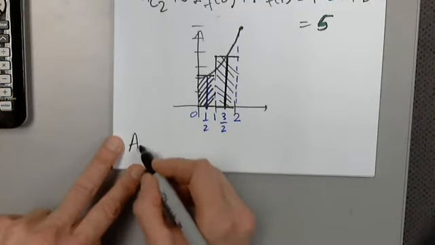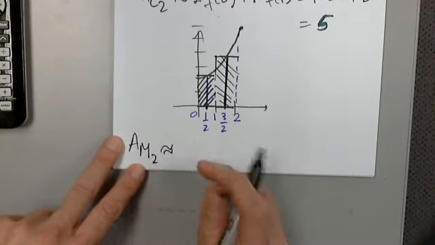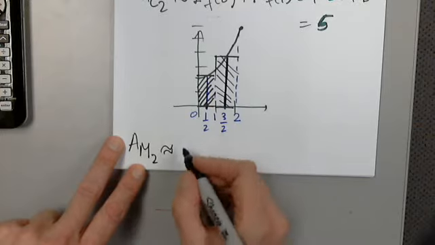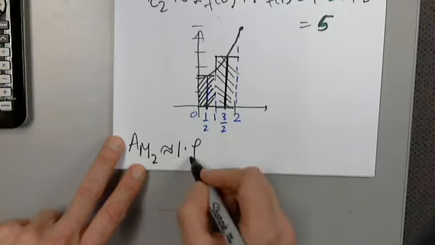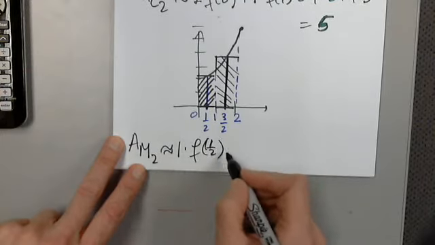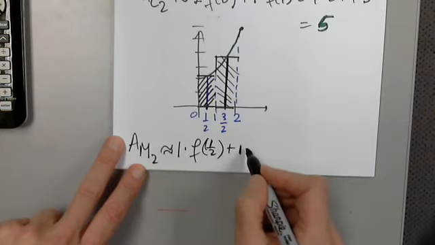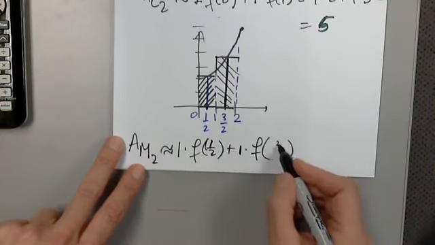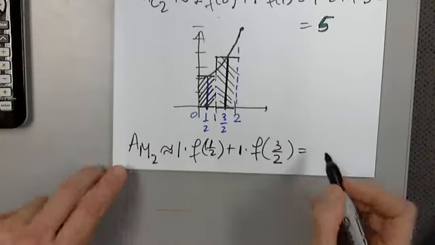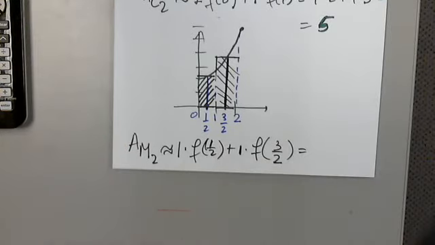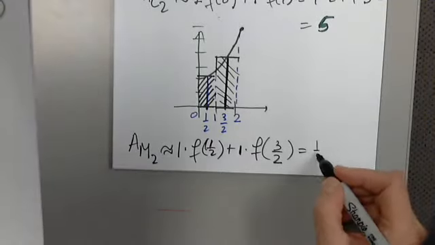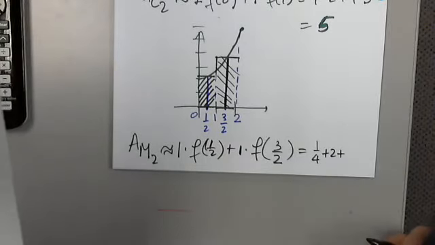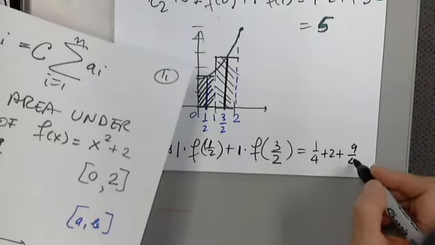So the area with the midpoint, with 2 subintervals, will be still 1 base times f of 1/2 plus still 1 times f of 3/2. So let's determine this. f of 1/2 is 1/4 plus 2, and f of 3/2 is 9/4 plus 2.